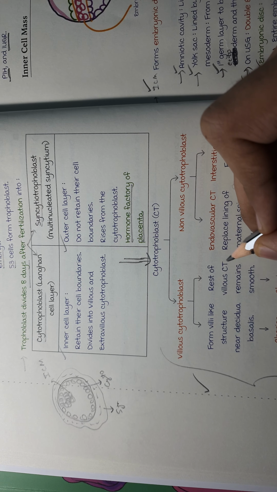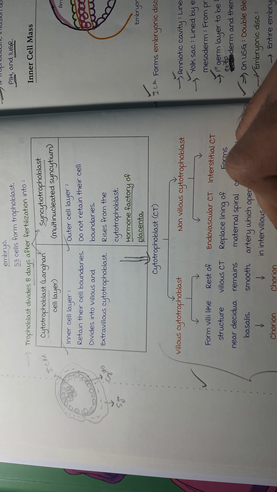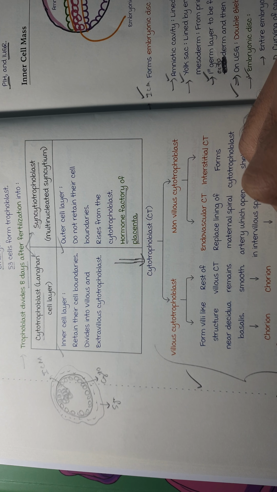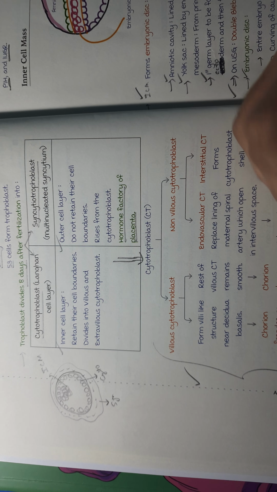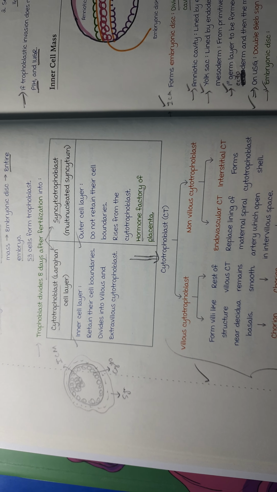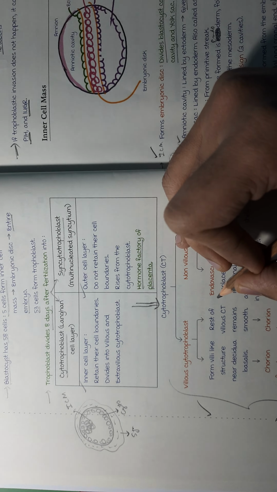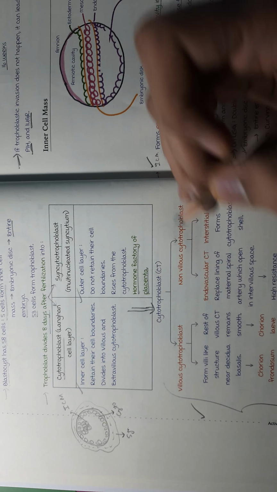Then the rest of the villous cytotrophoblast remain smooth, and they are called chorion laeve, which forms the chorion, a fetal membrane. So the chorion is formed by the villous cytotrophoblast that does not take part in the formation of the placenta.